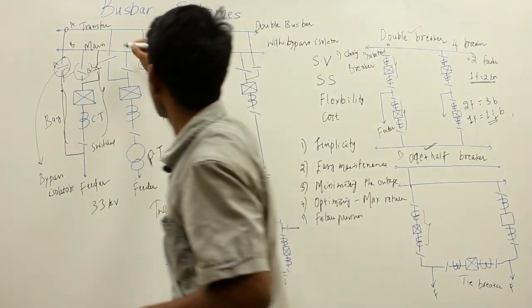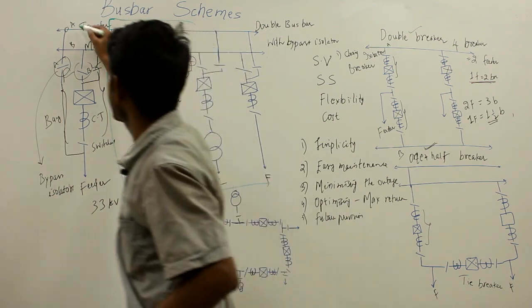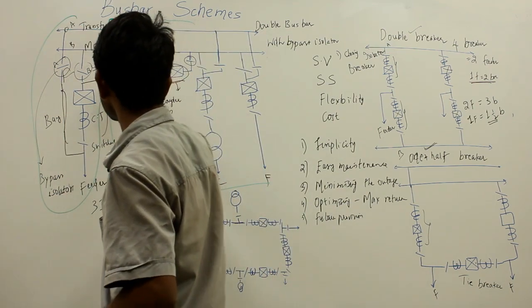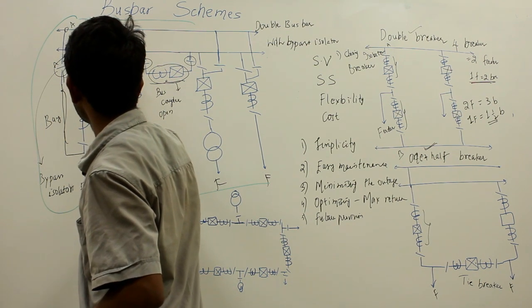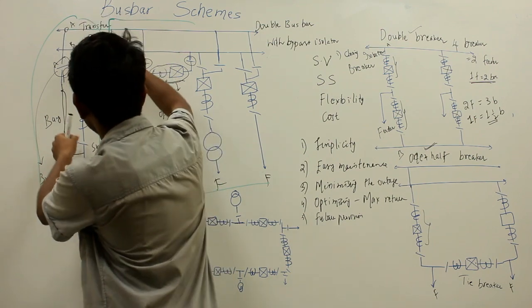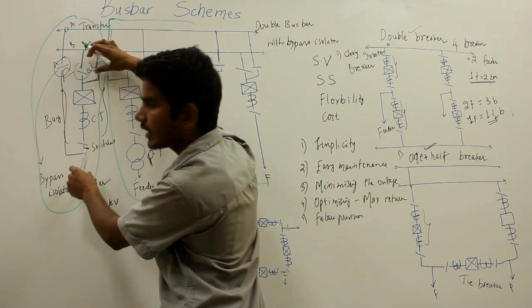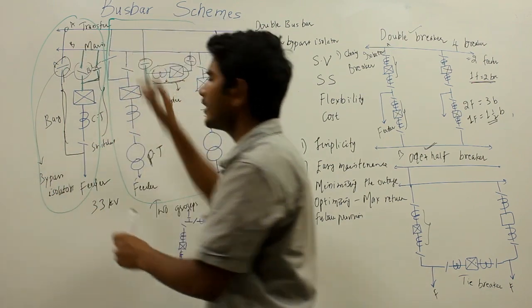Forget all this stuff from here to here. Let us consider only this part. So I will use another isolator here. This makes my connection a double bus bar connection, and this bypass isolator makes it the main and transfer bus connection.